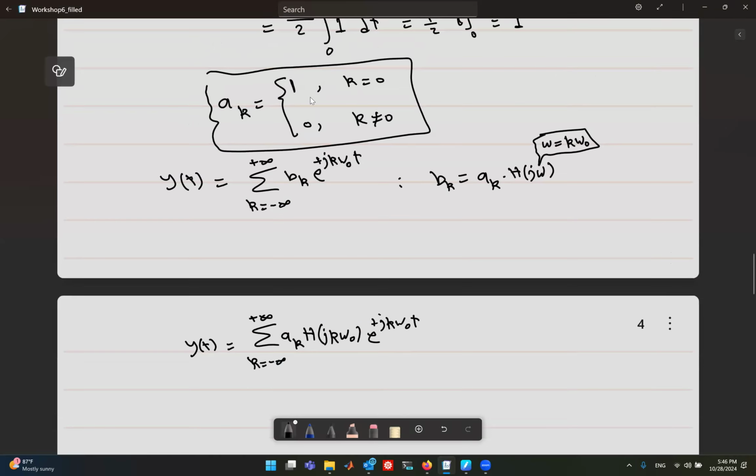Now AK is only 1 when k equals 0 and 0 otherwise.